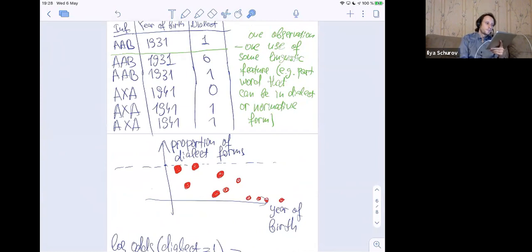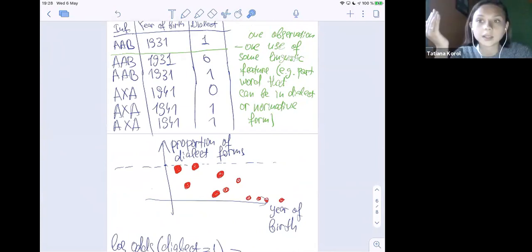Let me think. Can we use this formula for some predictions?